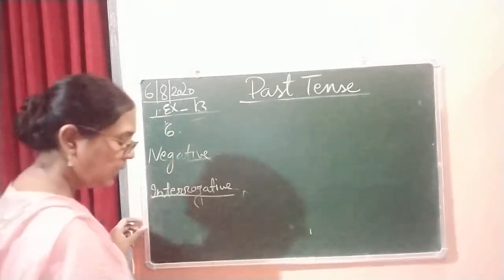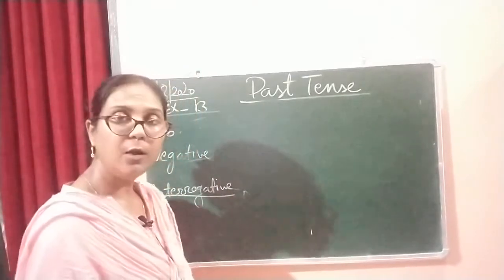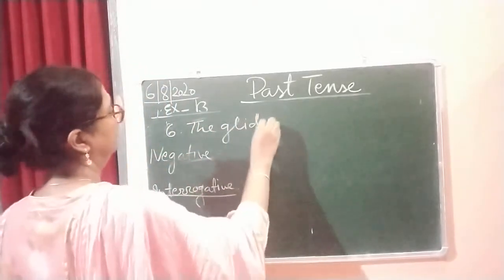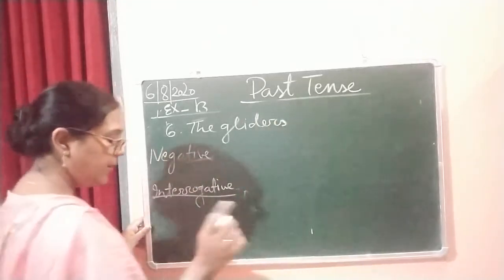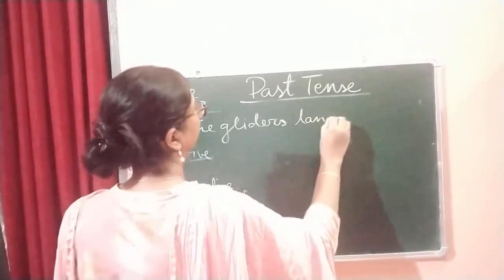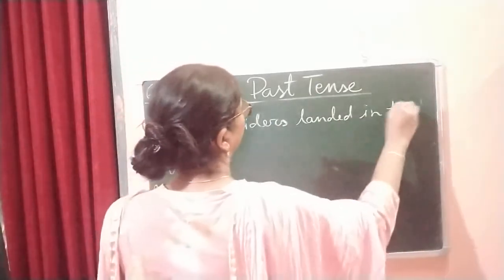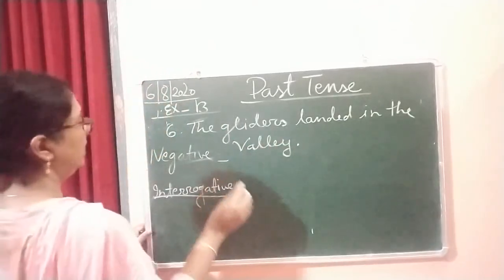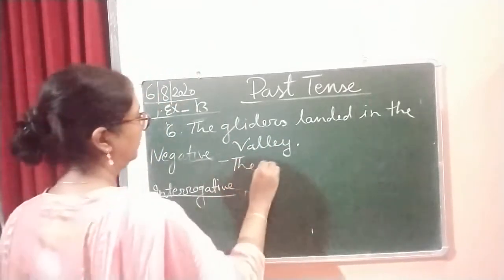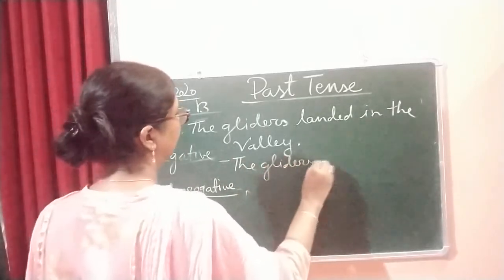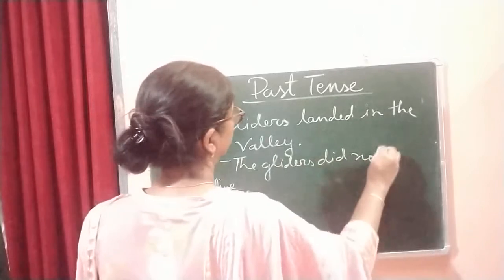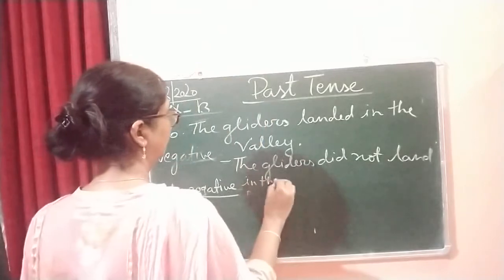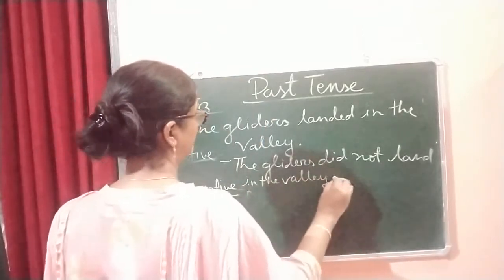Sixth number is: the gliders landed in the valley. Now here in negative, the gliders did not land in the valley.